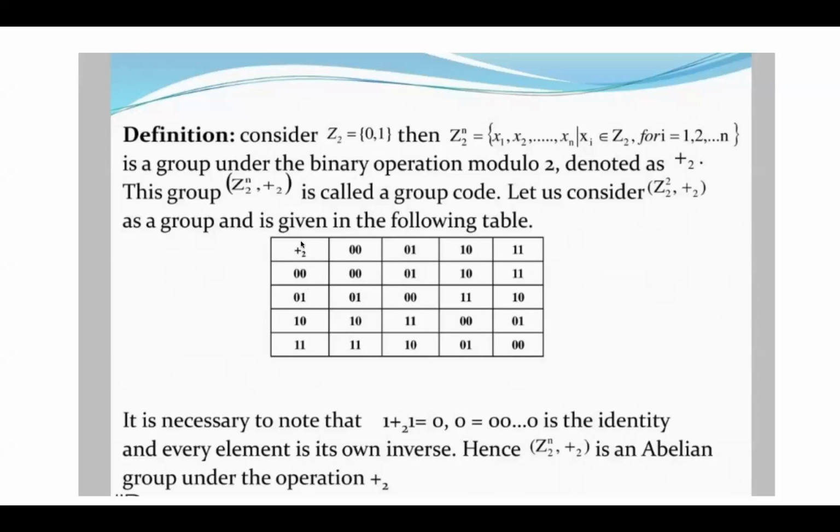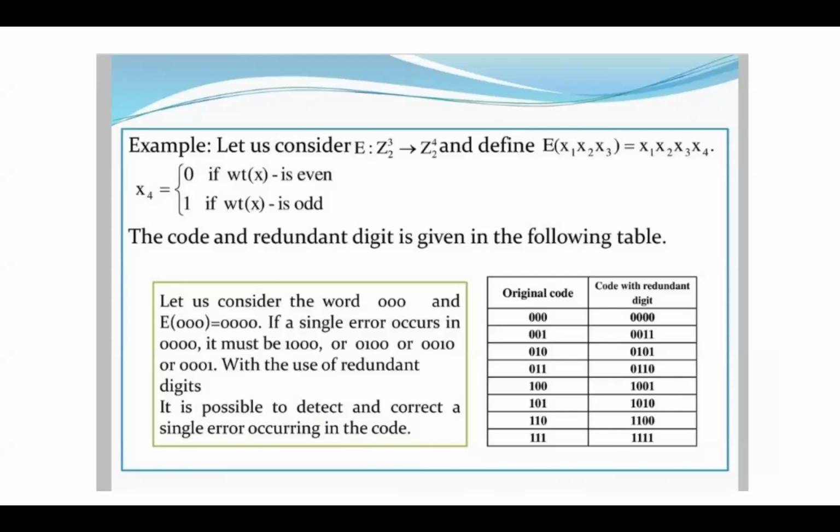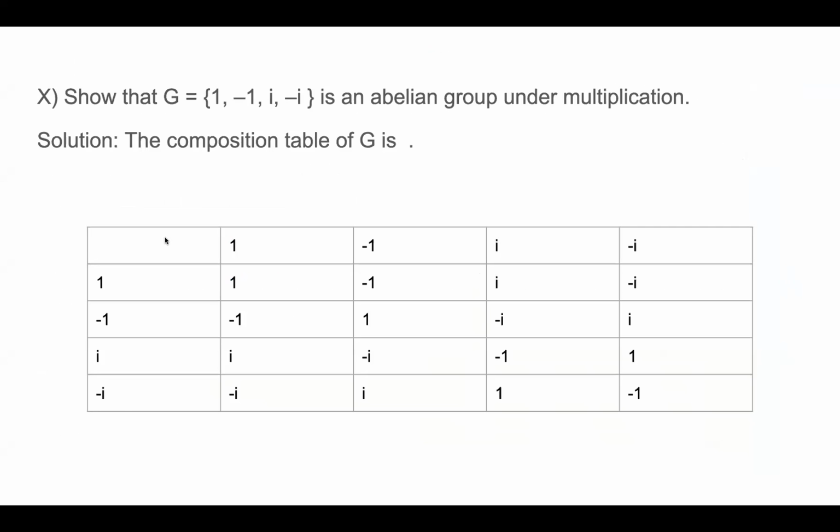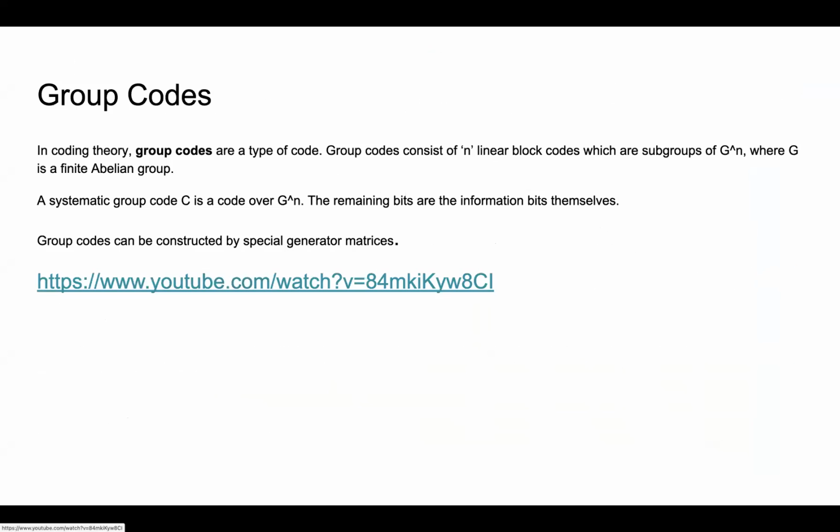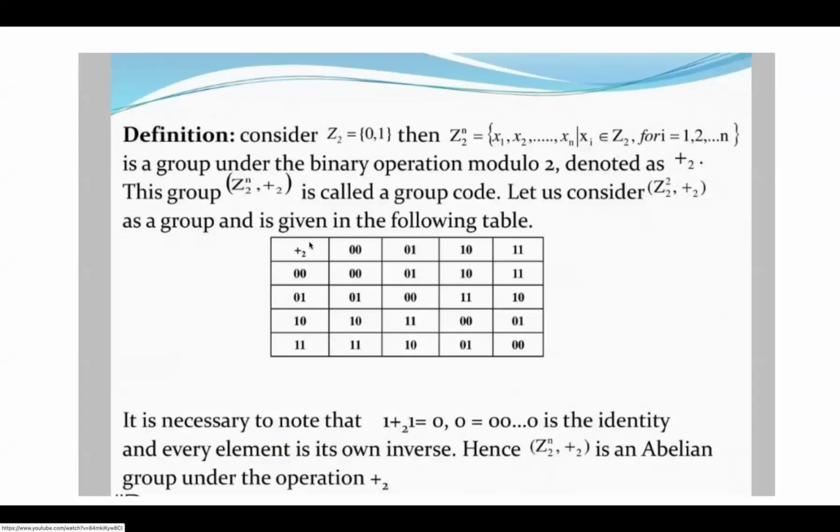In one of the earlier examples we created a composition table where the multiplication operation was there, 1 into 1, 1 into minus 1, like this. Same here, but here the operation is binary addition. So 00 plus 00 is 00, 00 plus 01 is 01, 00 plus 10 is 10, and 00 plus 11 is 11.